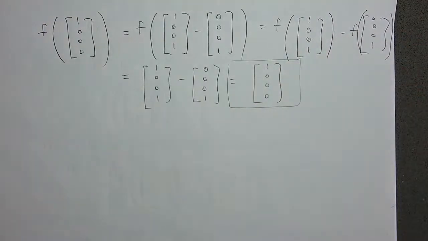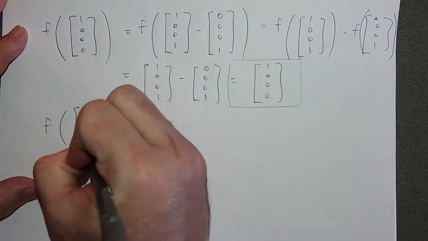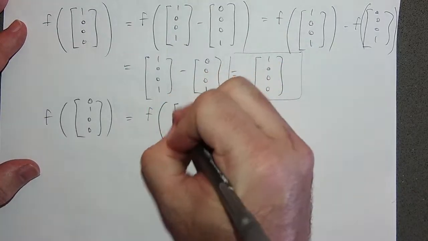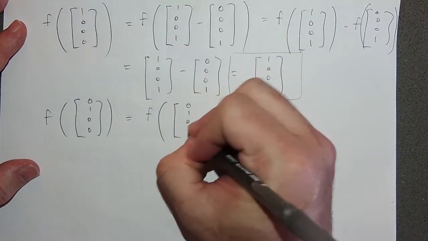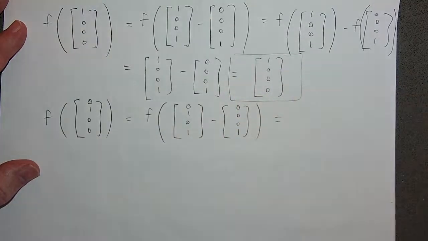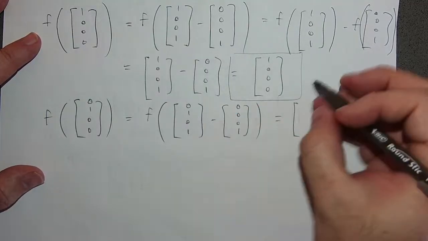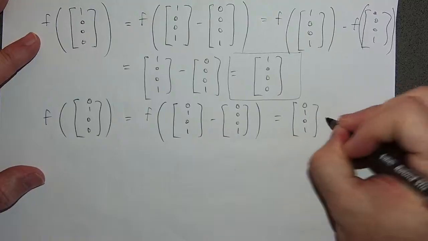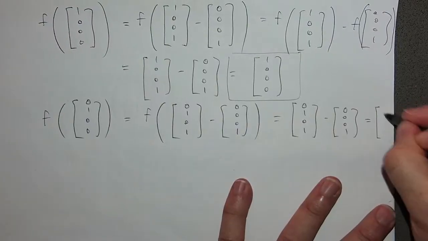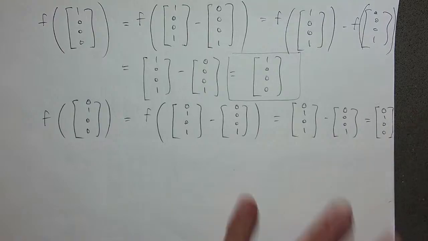Okay. Let's do the next one. f of 0, 1, 0, 0 is f of which thing is this? This is 0, 1, 0, 1 minus 0, 0, 0, 1. I'm just going to go ahead and apply f to these things. So this would be f of 0, 1, 0, 1 minus 0, 0, 0, 1, which is 0, 1, 0, 0. So f also fixes this basis vector.